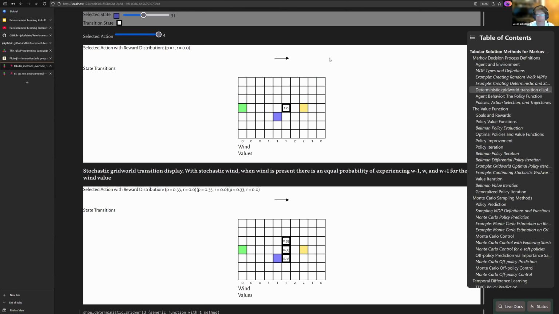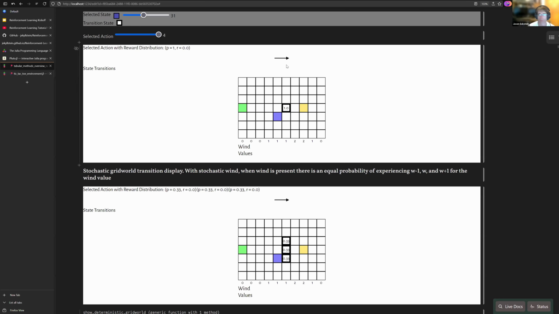This is from this notebook, which summarizes all of the sections in part one of the book. This is showing a common model for MDPs, which is this Gridworld environment, where the states are just what square you are in the grid. It's a simple thing to visualize, but you can also think of these grid squares as being abstracted to other things.